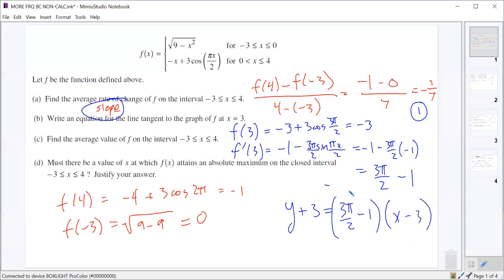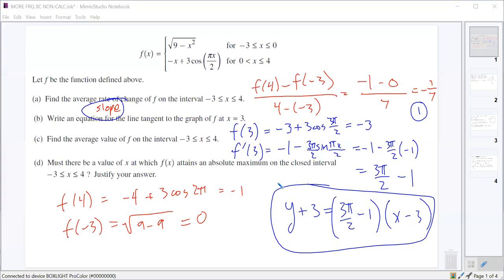And that was your tangent line equation for part B. That was worth 2 points: 1 for finding the derivative, 1 for writing the equation. Good or not? Satisfactory. Oh, wonderful.